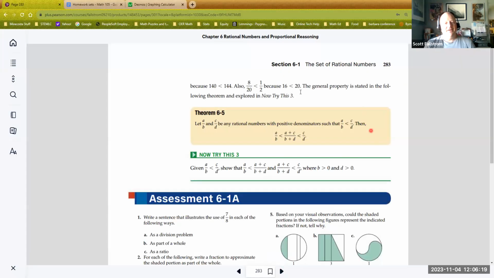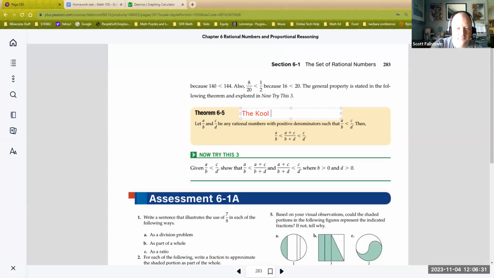There is another way to do it if you want to find a fraction in between 2 fractions. I call this theorem the Kool-Aid theorem. Now, depending on how you were raised, you may or may not have had something called Kool-Aid, where it came in a little packet, it's all flavor, and you had to add your own sugar.